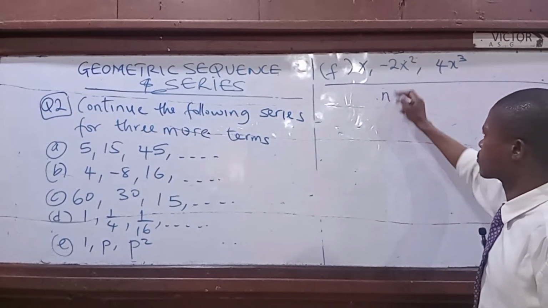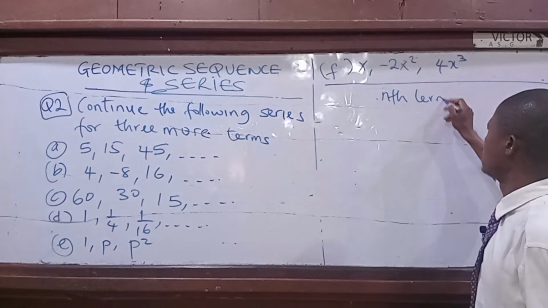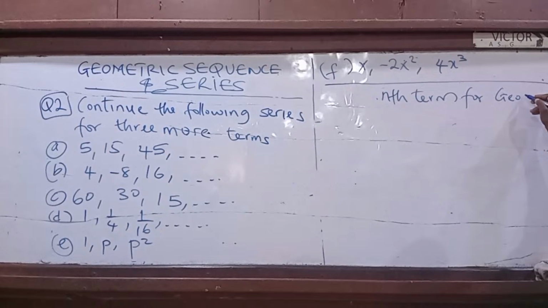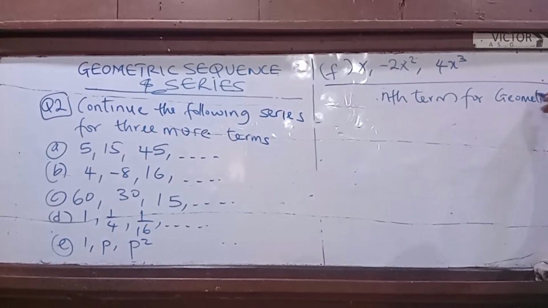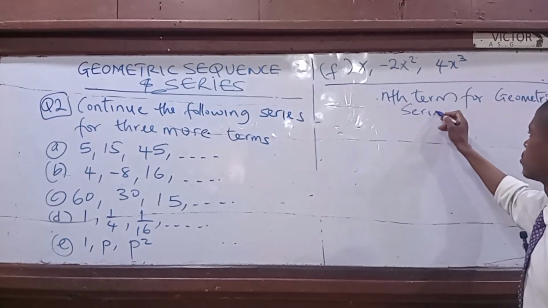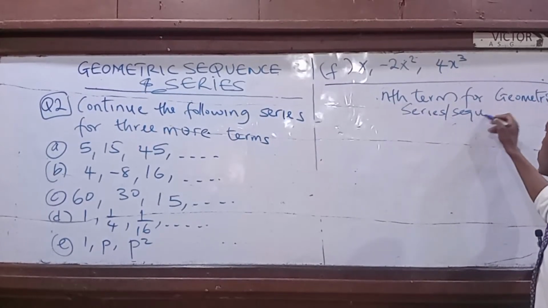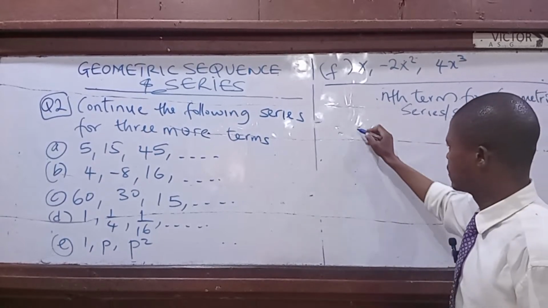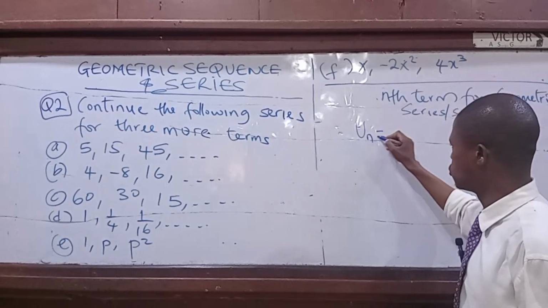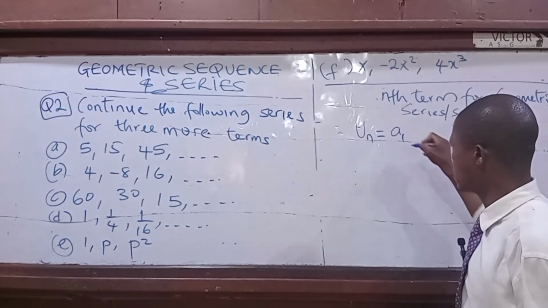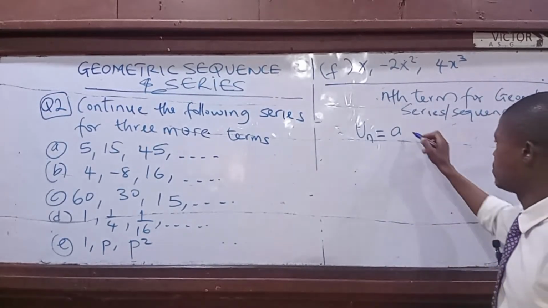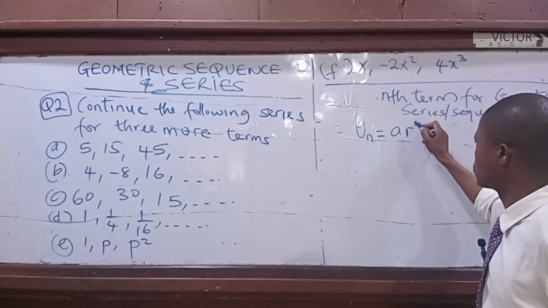The nth term for a geometric progression, geometric series or sequence, has this formula: a subscript n equals the first term, a1, or you can call it a, times the common ratio raised to the power n minus 1.